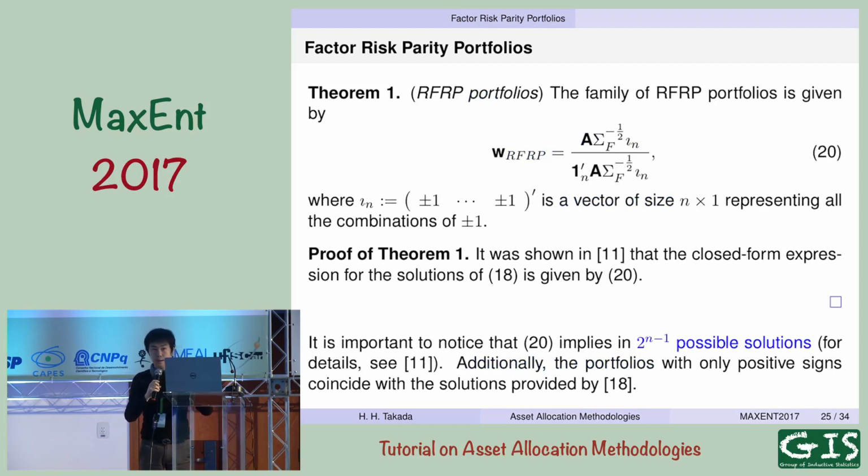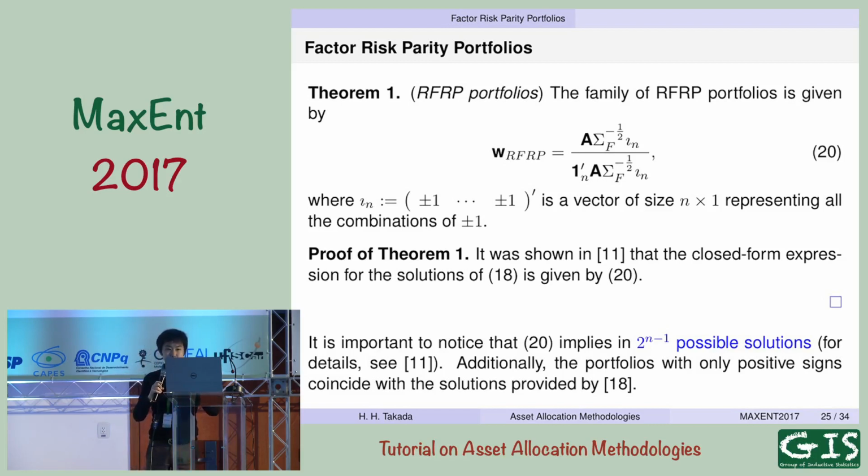The solutions are here. There are several solutions because the symbol here, this I here, is a combination of plus, minus 1, all the combinations of them. So you have multiple solutions for the Riskparity problem here. But this one is a leverage, it's not a lowered leverage.